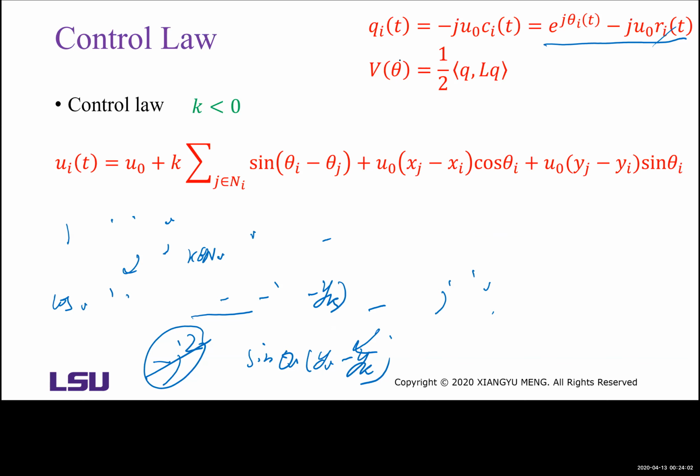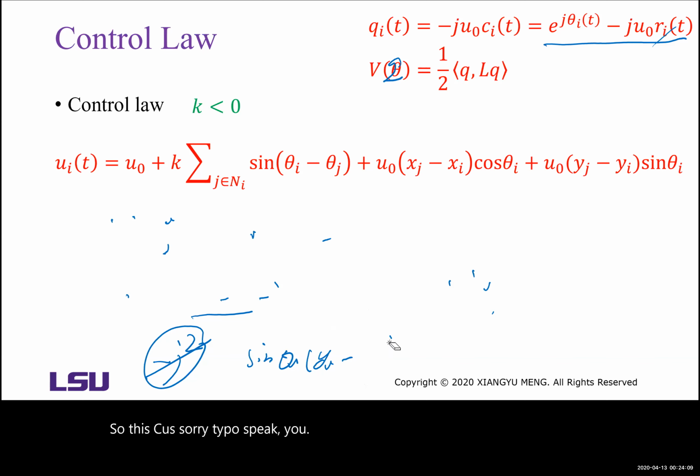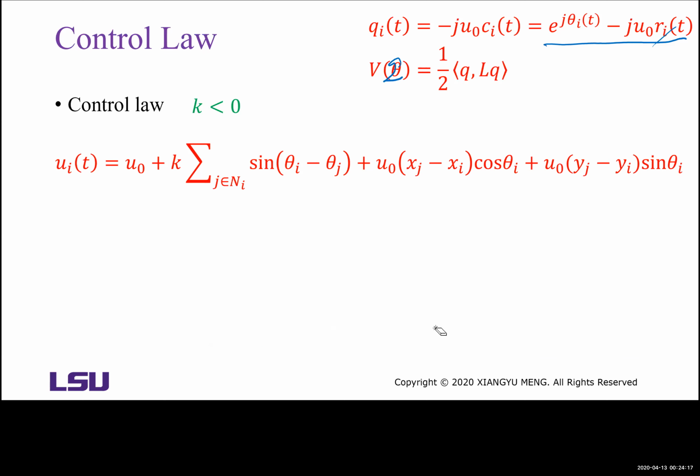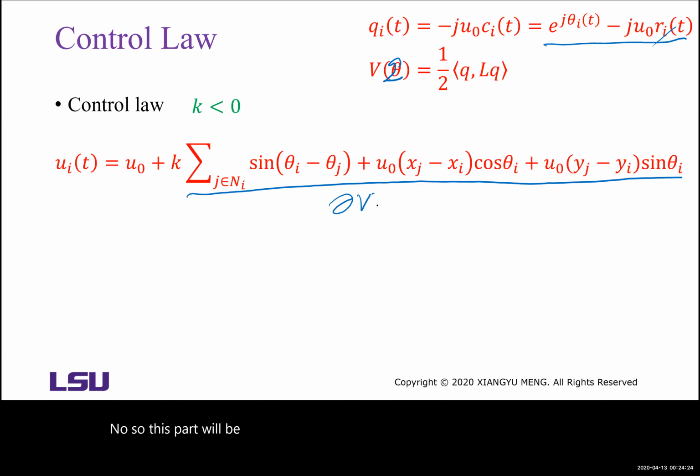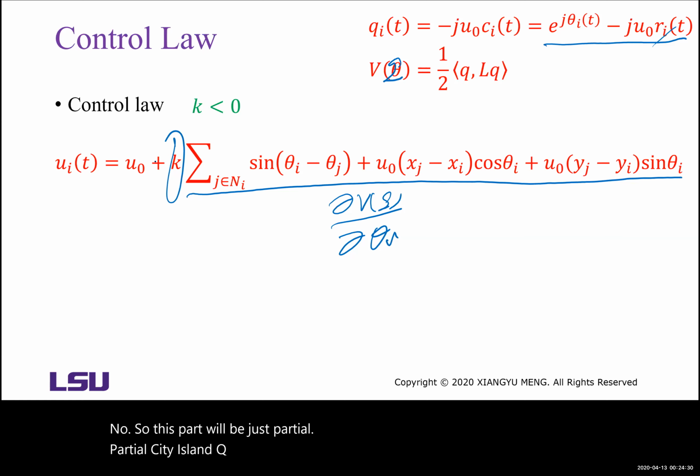This is a typo, it should be Q. So this part will be just partial VQ, partial theta I, and Q is less than 0 to minimize V theta.